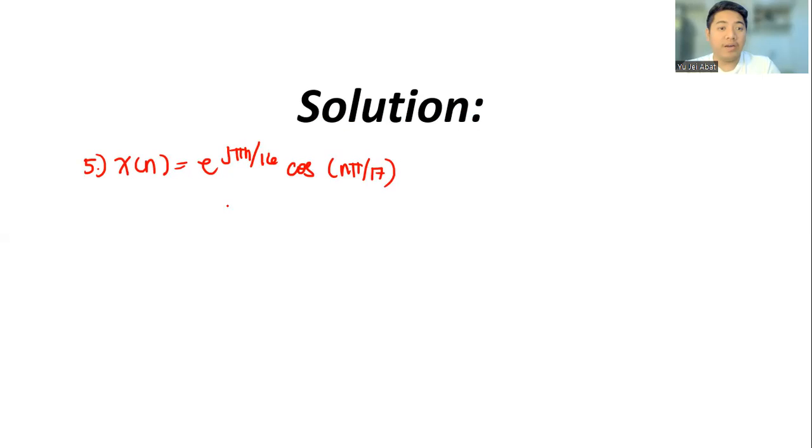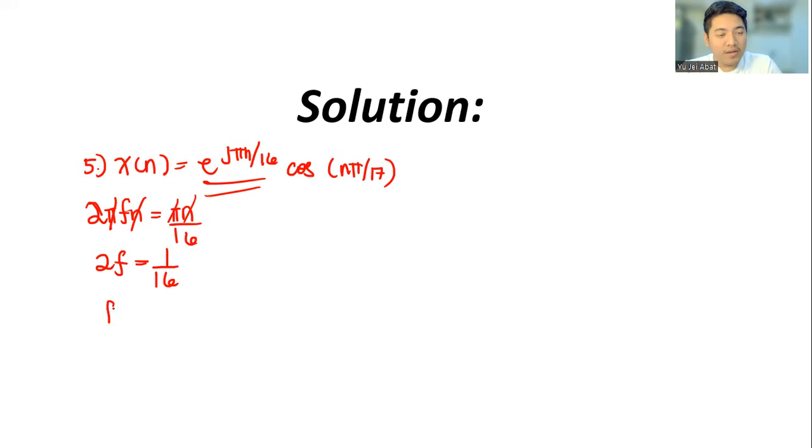We have cosine here. So actually, we can get the value of 2 pi f n first of this signal. You have pi n all over 16, so pi and n will cancel. You have 2f equals 1 all over 16, so our frequency will be 1 all over 32, where this is your k and this is your n1.